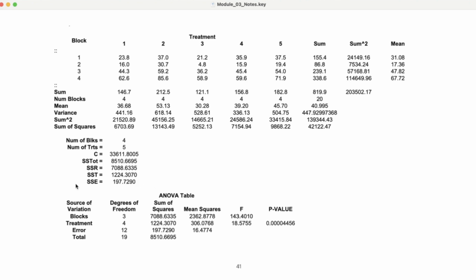Now I really wouldn't need to have SSE right here, because I calculate that down in the ANOVA table by subtraction as well. So anyway, you can pause the video and go back and compare this to the values that we obtained when we did the calculations by hand.